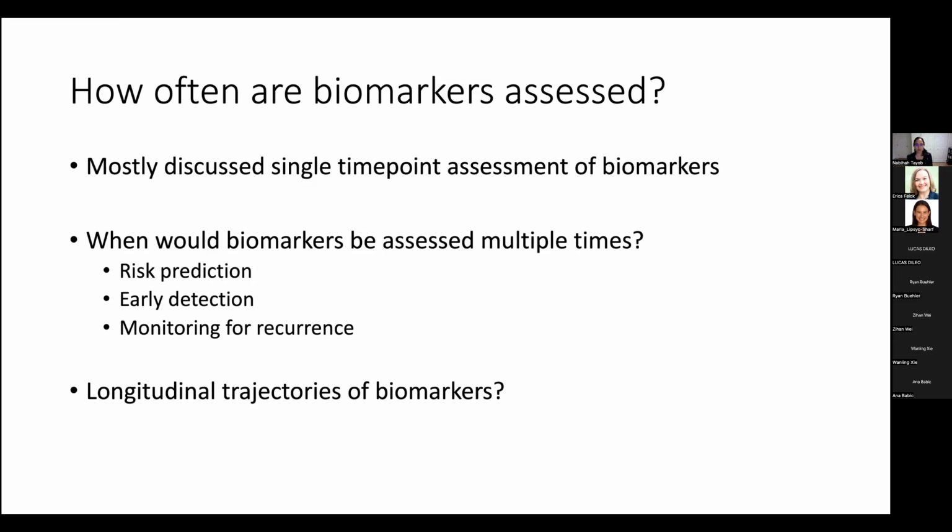If anybody's interested in these areas, feel free to reach out to me, and I'd love to discuss more. But a lot of the principles we're talking about for single time point assessment of biomarkers still apply. It's just that once we have longitudinal assessment of biomarkers, we have more information to potentially exploit.